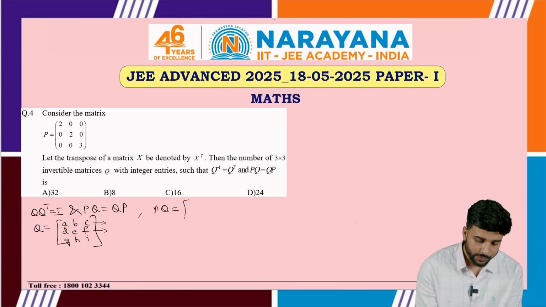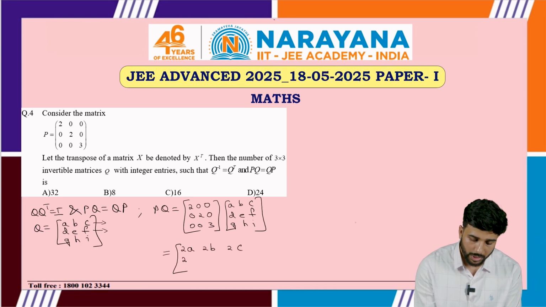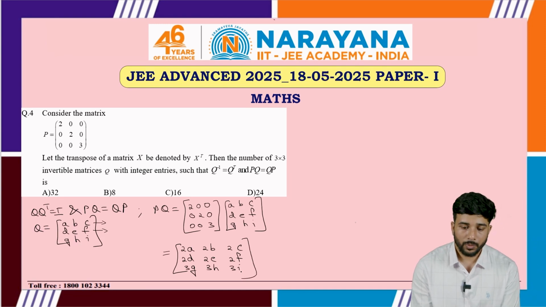PQ, if I look at it now, 2 0 0 0 2 0 0 0 3 into Q. Q is ABC, DEF, GHI. So what will this matrix be? 2A, 2B, 2C, 2D, 2E, 2F, 3G, 3H, 3I. This is PQ.